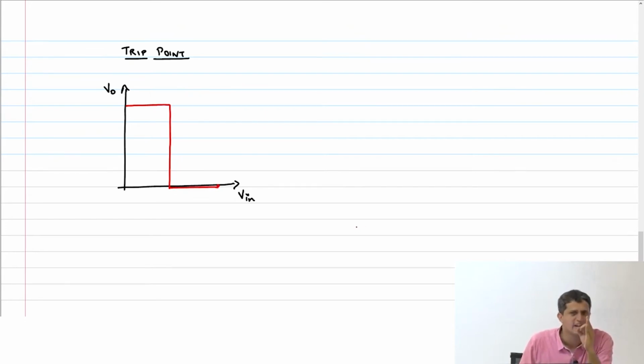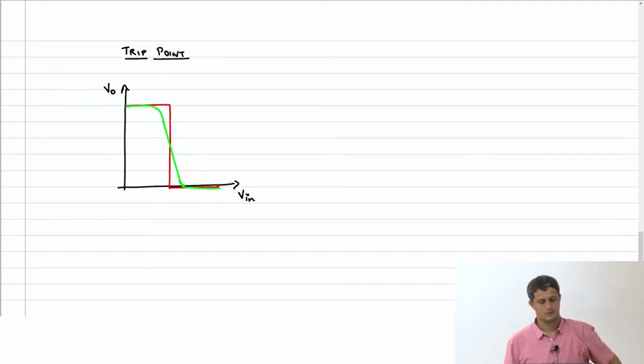At maybe VDD by 2, there's a sharp transition, right? Of course, in reality, that's not the case. We have something like this, okay?